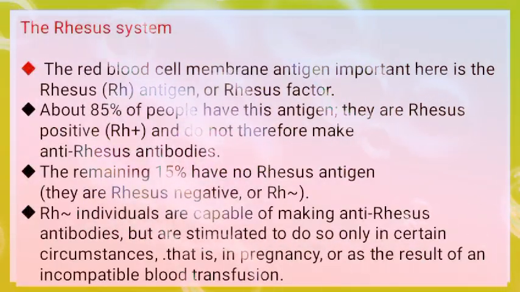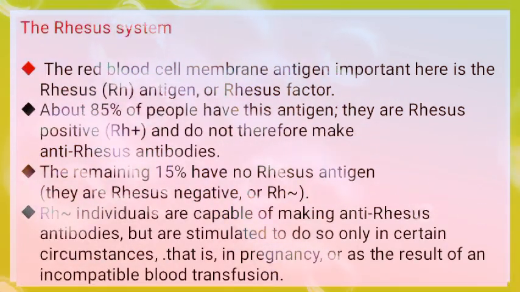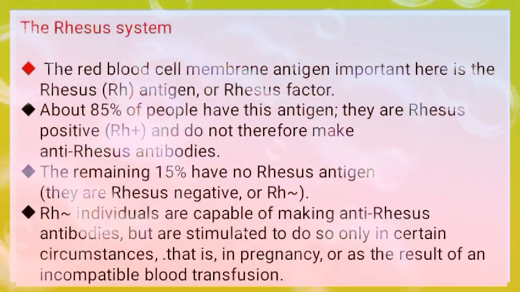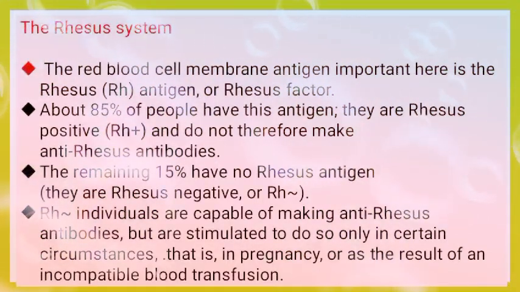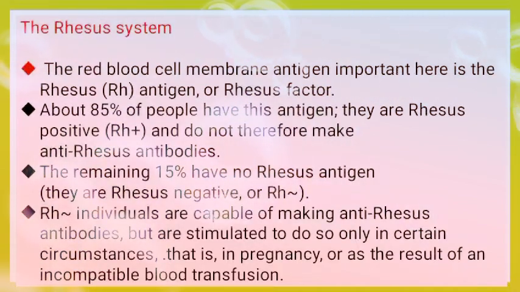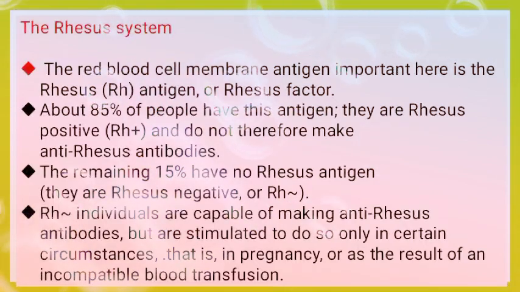So that was about the ABO system. In this case, we're just concerned with the blood groups. And we move on to the Rhesus system. The Rhesus system is just an additional protein that can be found on the surface of the red blood cells on top of the ABO system that we have talked about.